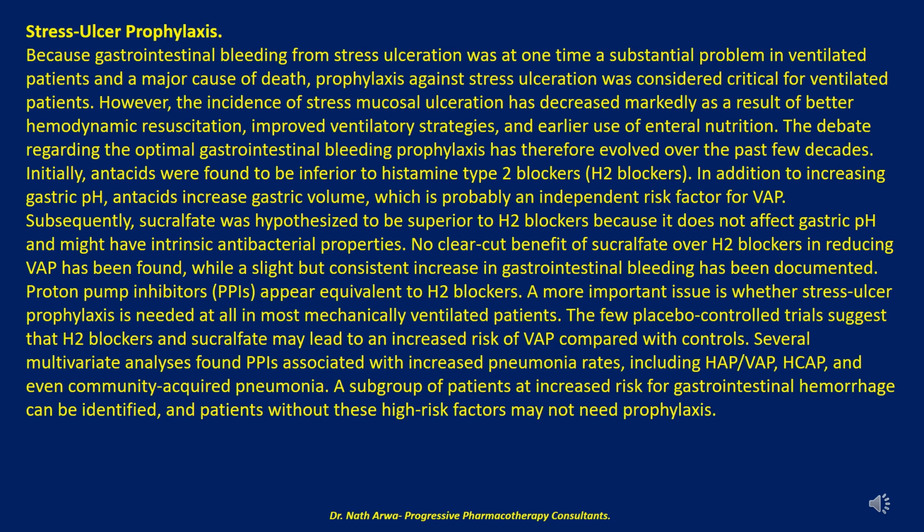Several multivariate analyses found proton pump inhibitors associated with increased pneumonia rates, including hospital-acquired pneumonia or ventilator-associated pneumonia, healthcare-associated pneumonia, and even community-acquired pneumonia. A subgroup of patients at increased risk for gastrointestinal hemorrhage can be identified, and patients without these high-risk factors may not need prophylaxis.